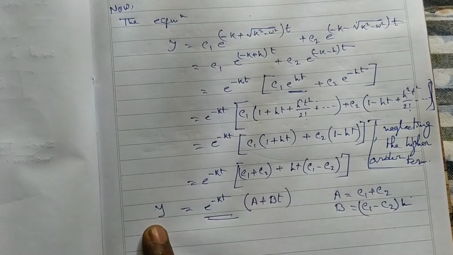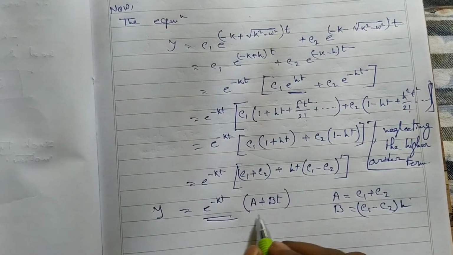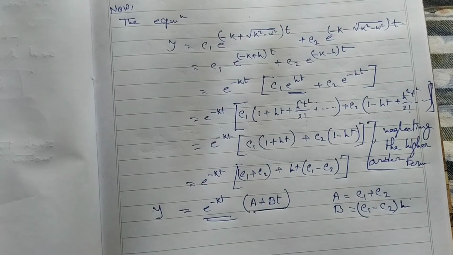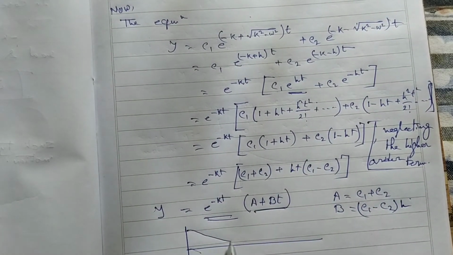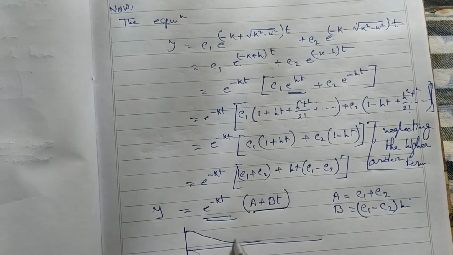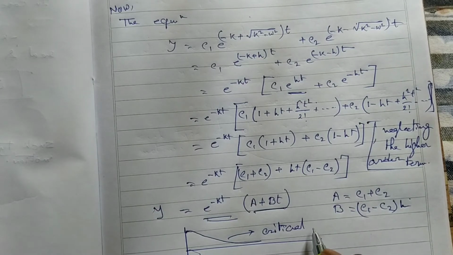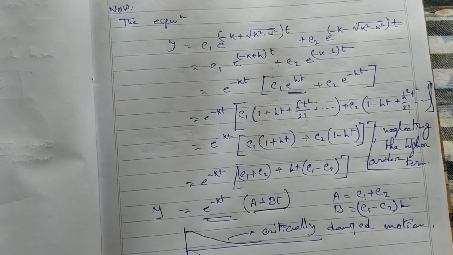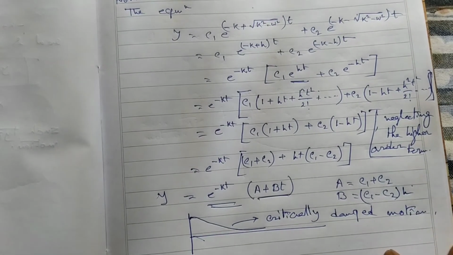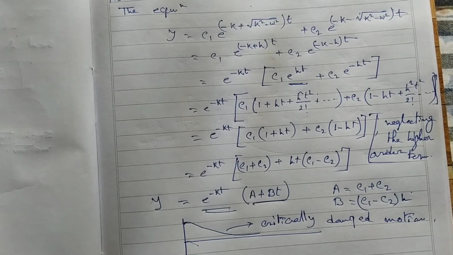Obviously the displacement of the wave must gradually decrease with respect to time, and such a type of graph is like that. So this one is called critically damped motion.